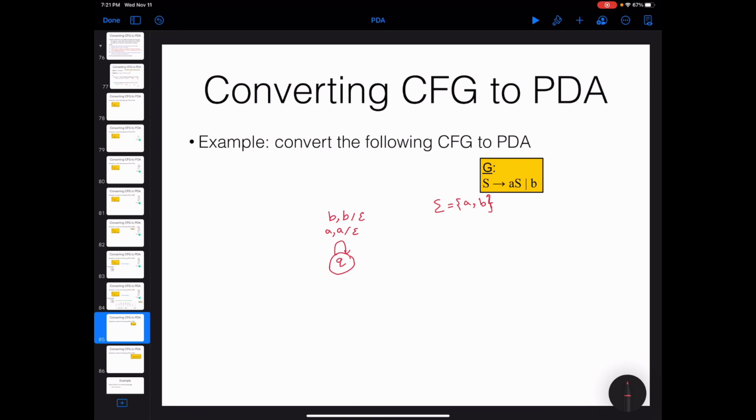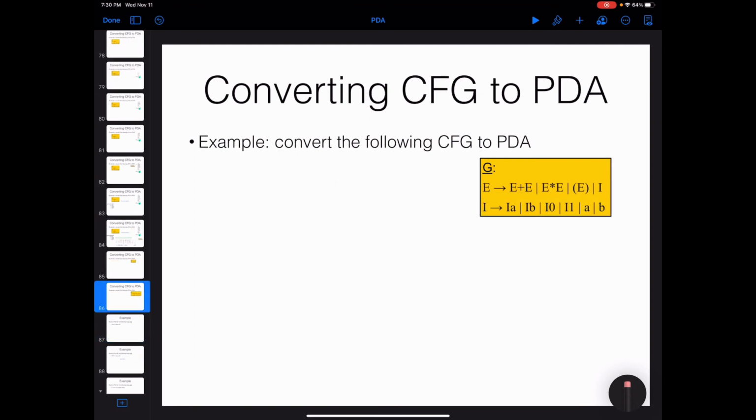So it tells me that without actually consuming anything from the input, if the top of the stack is S, you can pop it and replace it by pushing a B to the stack. Or without consuming anything from the input, if the top of the stack is S, you can push S and A to the stack. And that's it. This is going to be the pushdown automata for this.